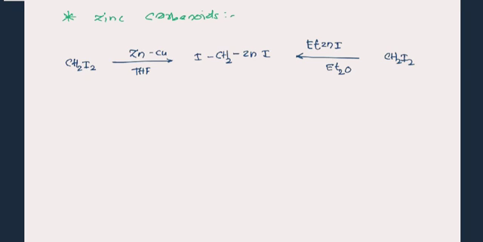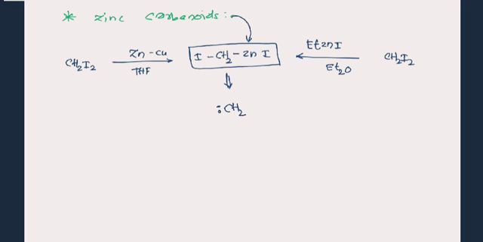That compound, CH2ZnI, will give rise to the carbene, and that species is called a zinc carbenoid.